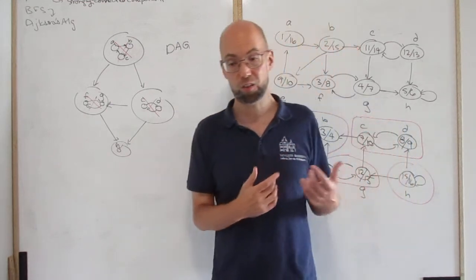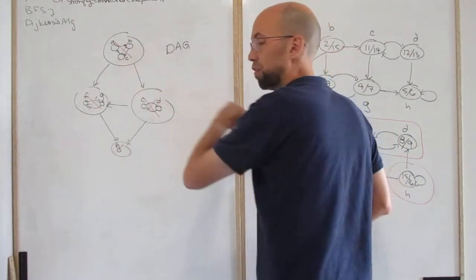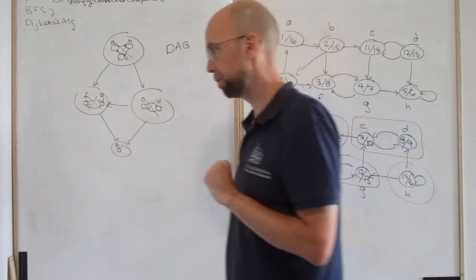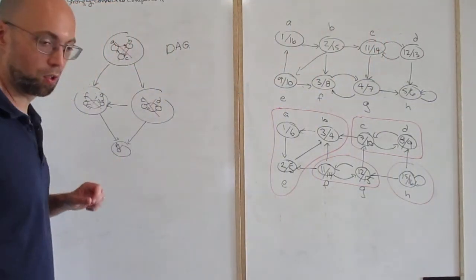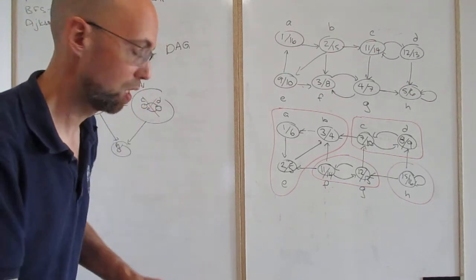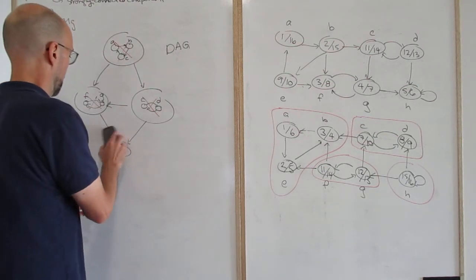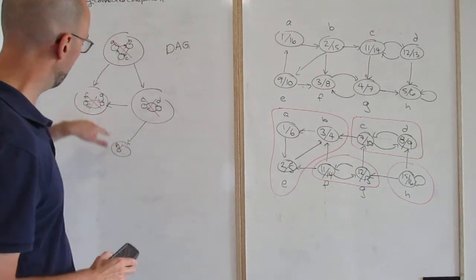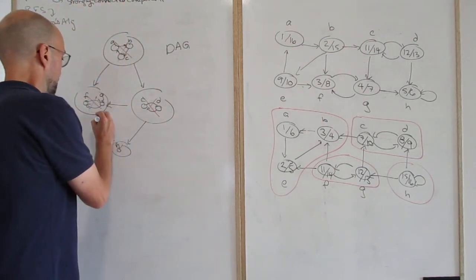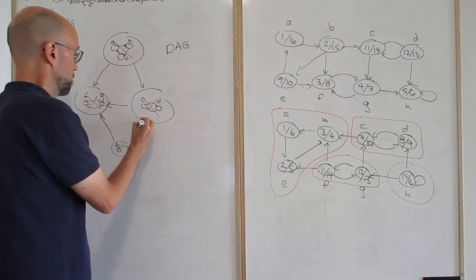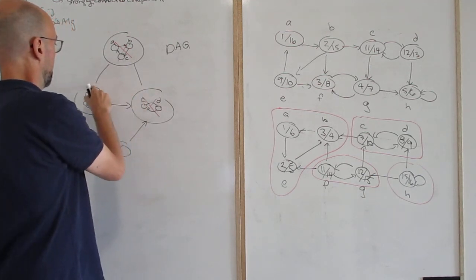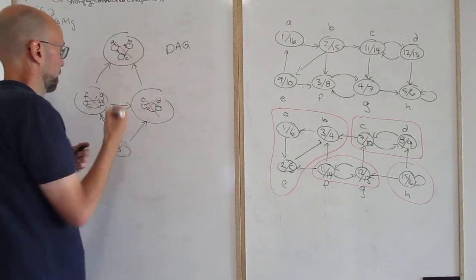Because when you take the transpose, you're essentially reversing all of the edges here. So if you could get from F and G to H, when you flip the edges around, you can get from H to F and G.